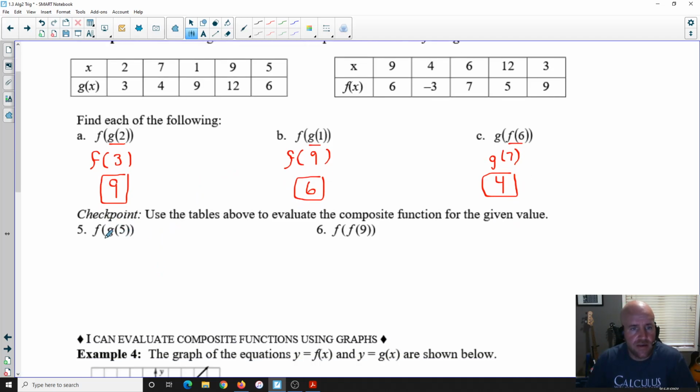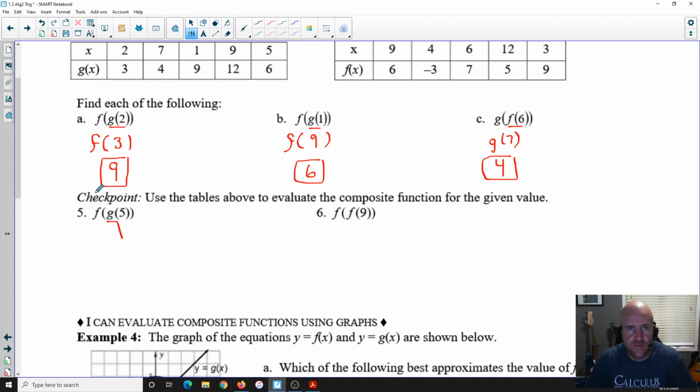All right, we're back. And f of g of 5. So g of 5: go to the g table, 5 is 6. So we are doing f of 6. And then 6 on the f table would give us an output of 7.